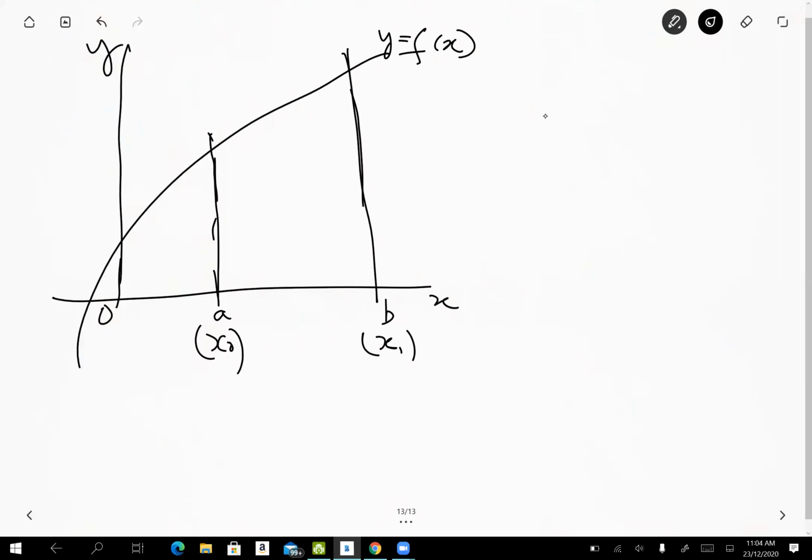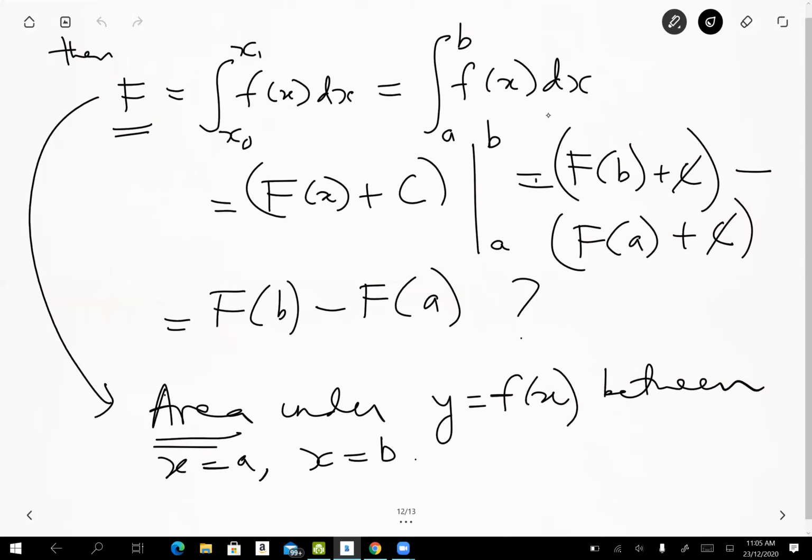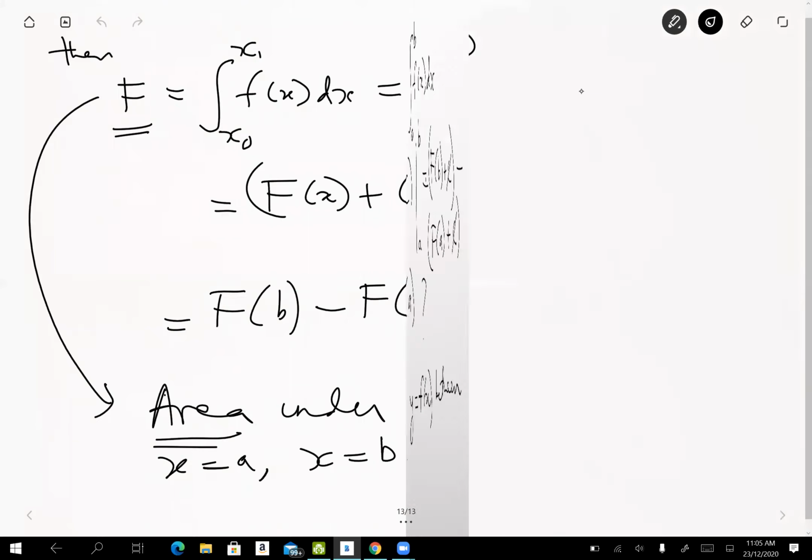So the definite integral F, like what we were doing here, is equal to the value of the integral at b minus the value of the integral at a. And what is this?